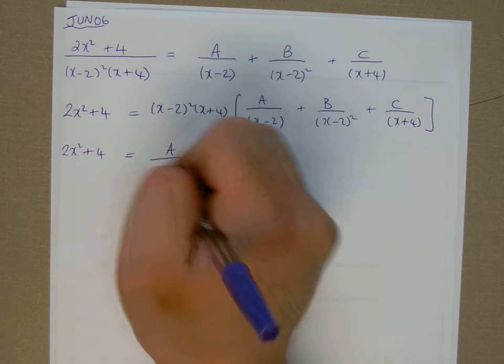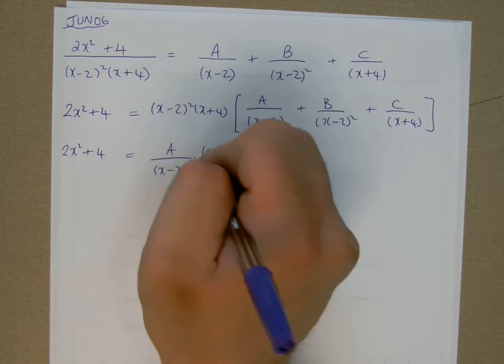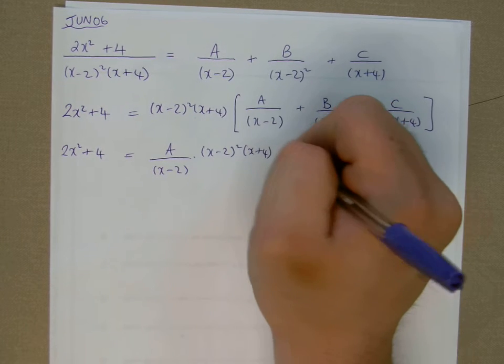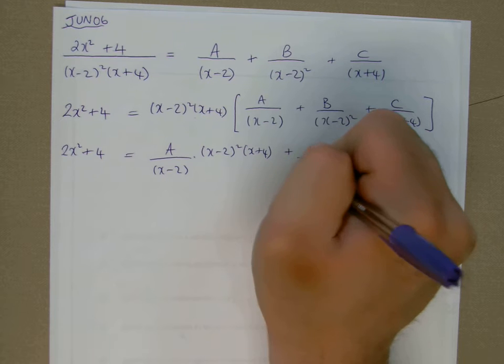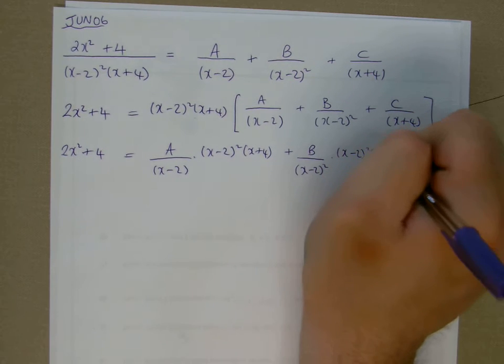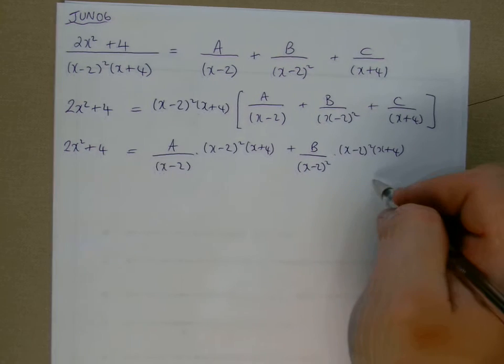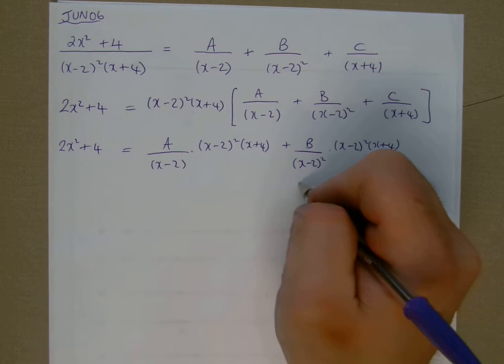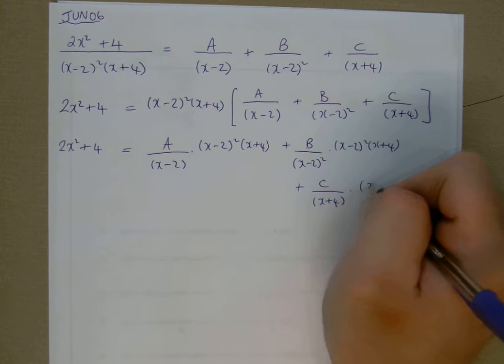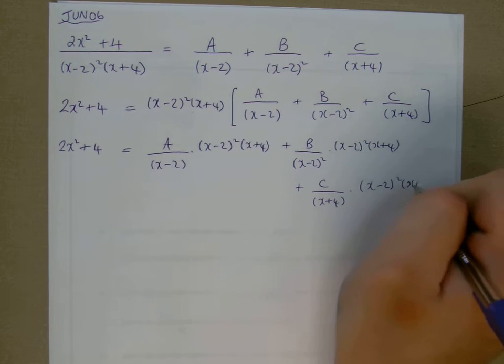I'll have A over x minus 2 times x minus 2 all squared, x plus 4, plus B over x minus 2 all squared times x minus 2 all squared, x plus 4, plus C over x plus 4 times x minus 2 all squared, x plus 4.